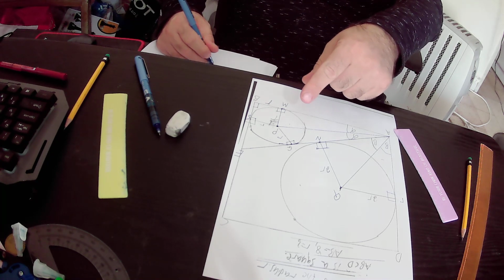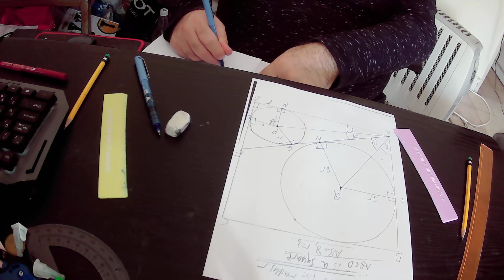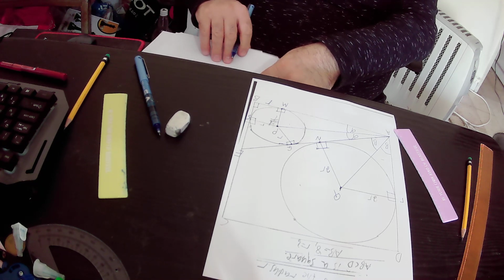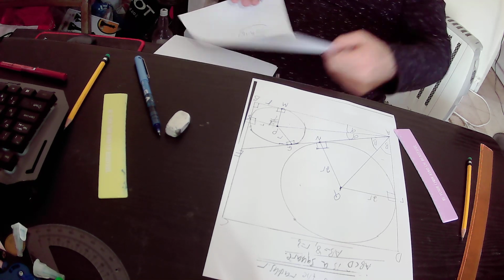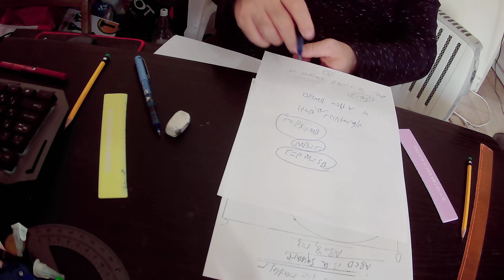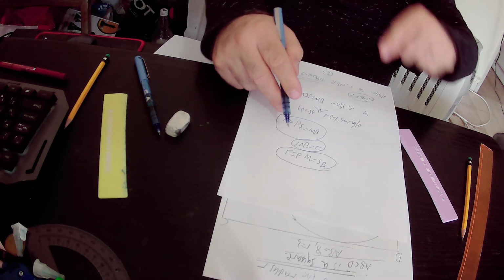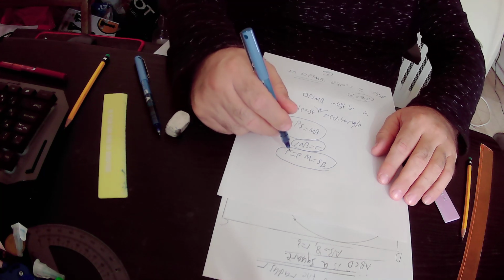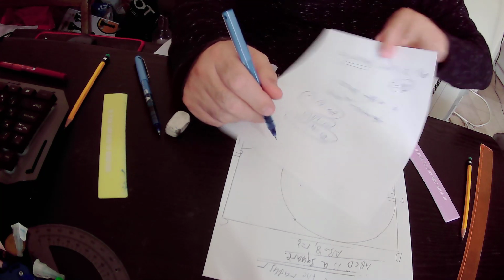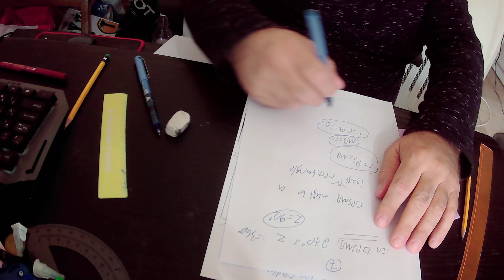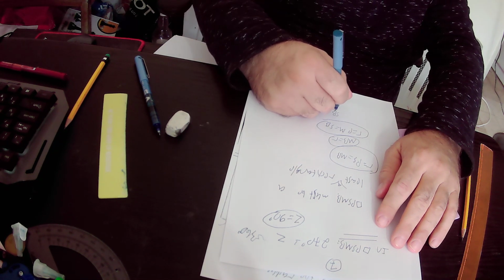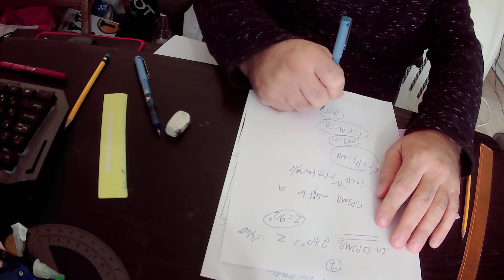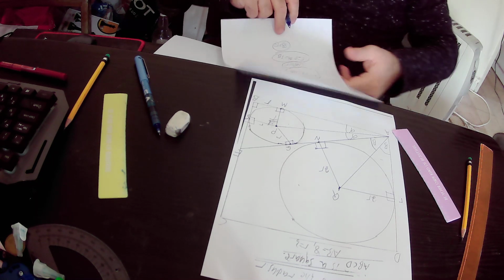But we know that PM equals R. So from this equality we will conclude that SB also equals R. SB equals R, the radius of the small circle.